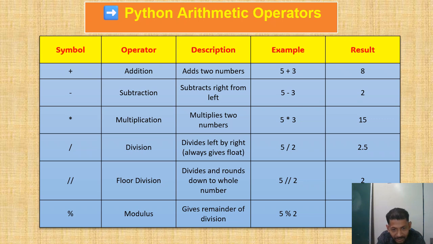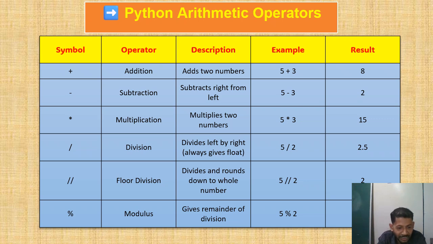Minus is subtraction, you can subtract two numbers. Multiplication, you can write 5 star 3. For multiplication, you need to write a star. Slash is for division, 5 slash 2, that means divides. And if you divide 5 by 2, it will show 2.5 with decimal values.